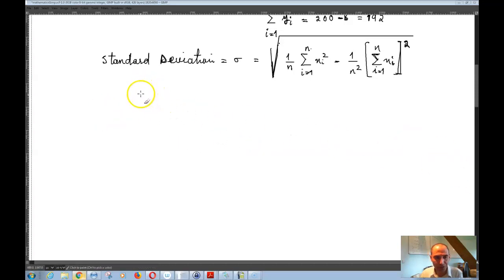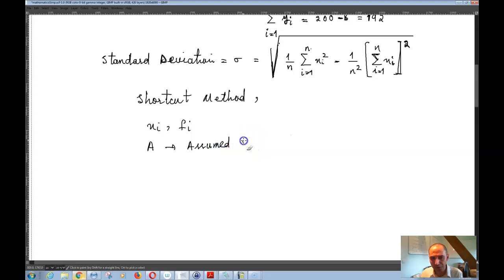In the shortcut method, we had all of these x of i's and f of i's, and we defined something called A, which was the assumed mean of all of the observations.